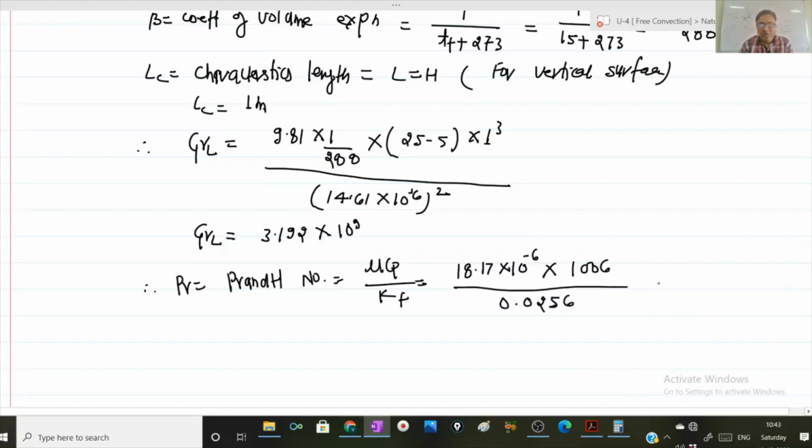So from here the value of Prandtl number comes out as 0.714.